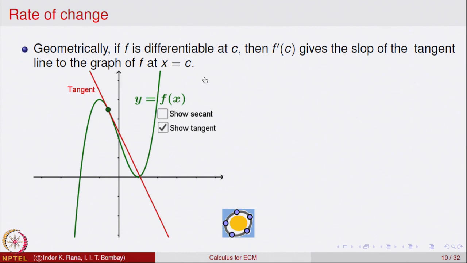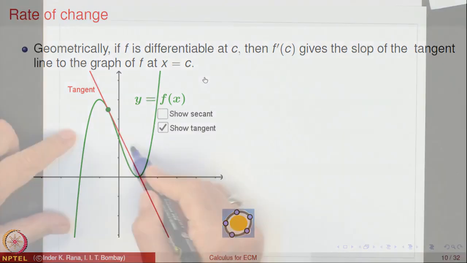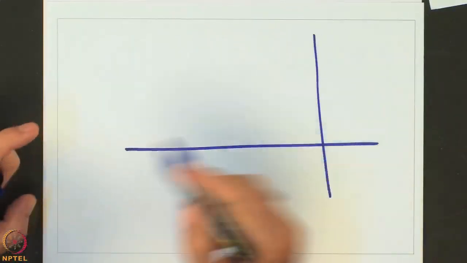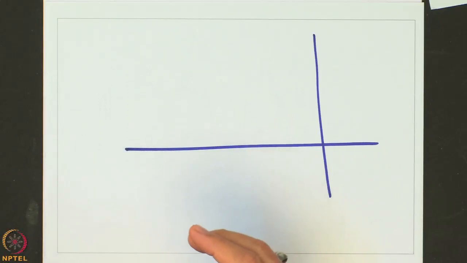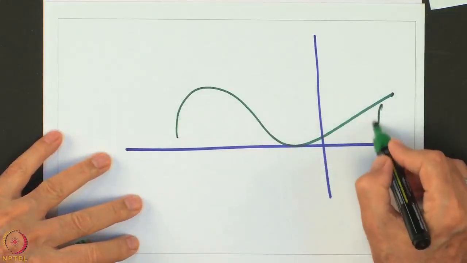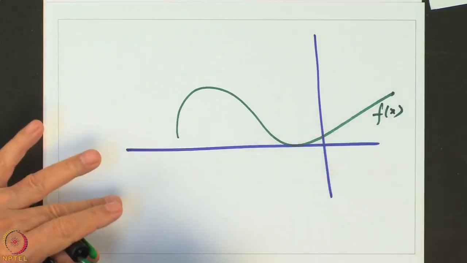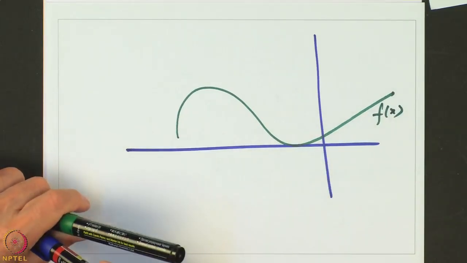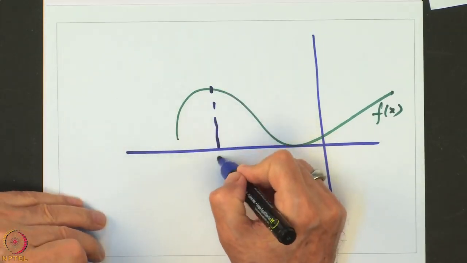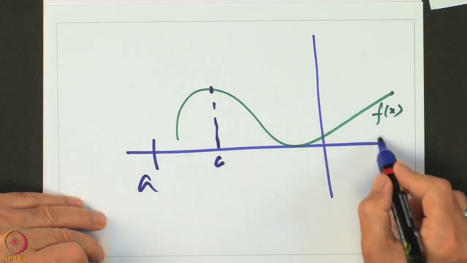So, to illustrate this idea a bit more, let me draw a picture and see how this helps. Let us look at this x axis, and we have a function which is like this, that is my f of x. Let us take a point c here, and that is my a and that is my b.